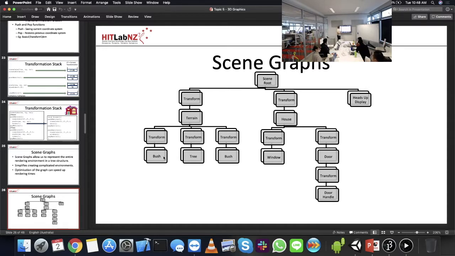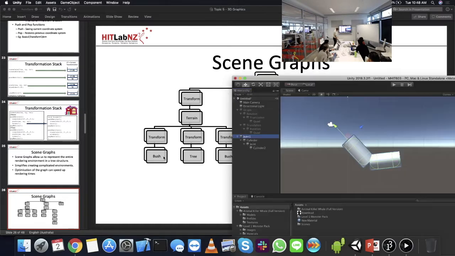So in Unity, we don't necessarily have a differentiation between a transform and a different object. Other scene graphs might. There's one which used to be really popular called Open Scene Graph, and that differentiated to an extent between a transform and a visible object.